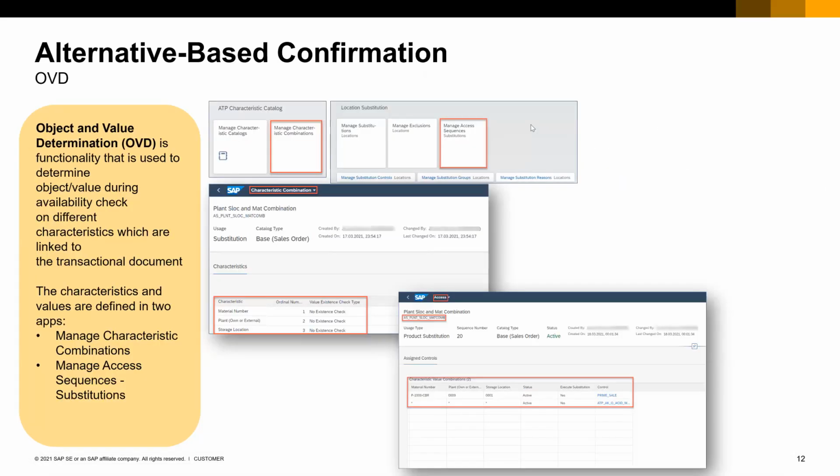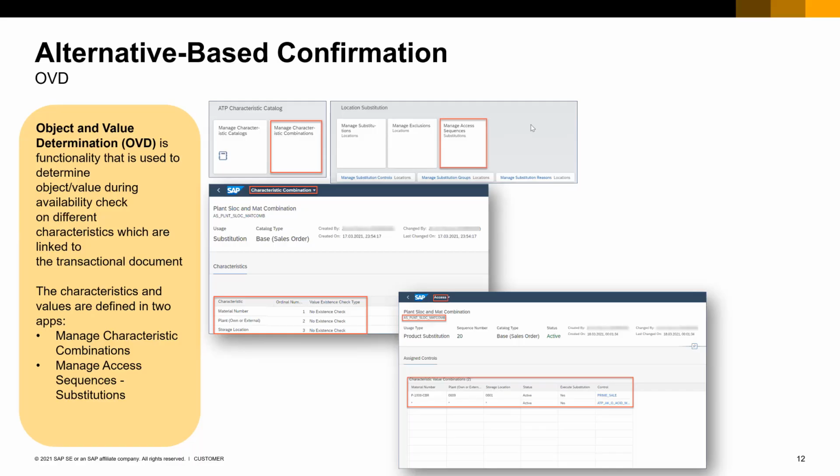Here is a screenshot of the OVD. I was referring to the fact that certain processes depend on the characteristics of the underlying order, of the underlying requirement, and use the comparison with the condition technique. We are not using the condition technique here, but a new tool called Object and Value Determination, OVD. The experts might know that the OVD is based on the characteristic catalog, which is also used in the product allocation or in the supply protection.